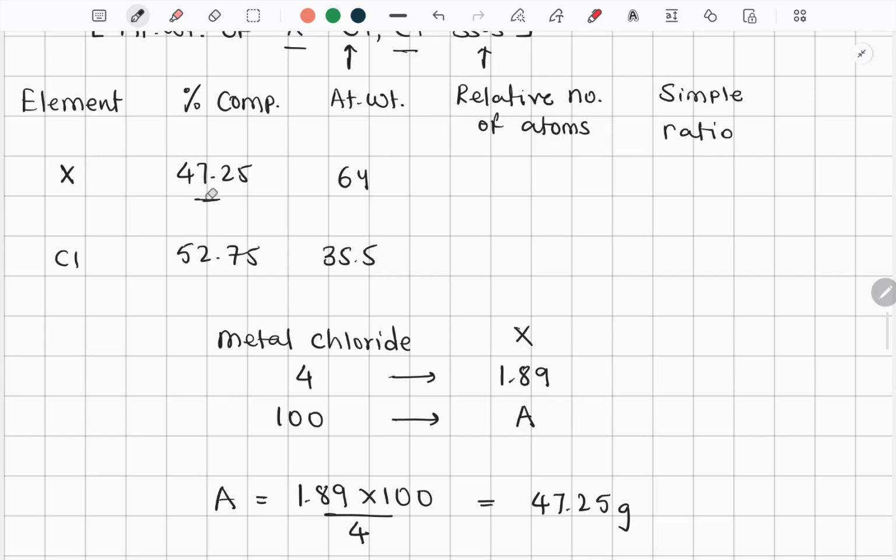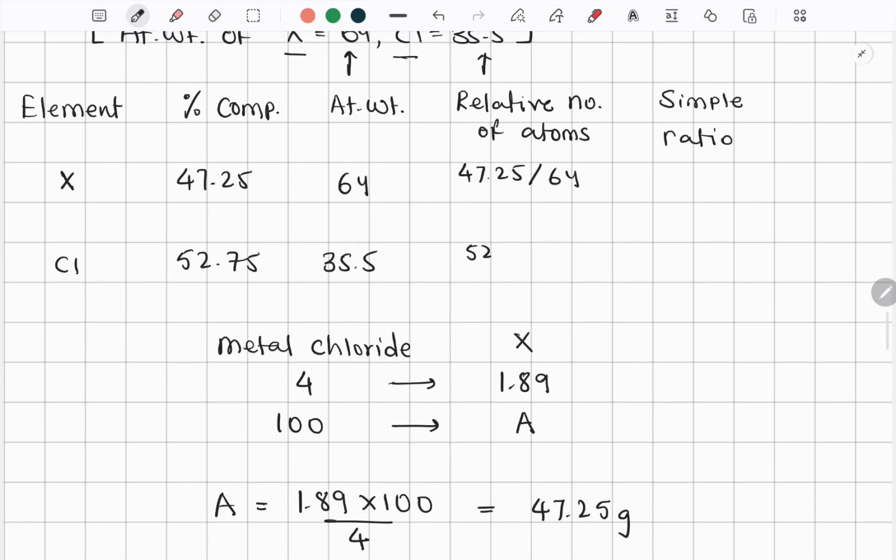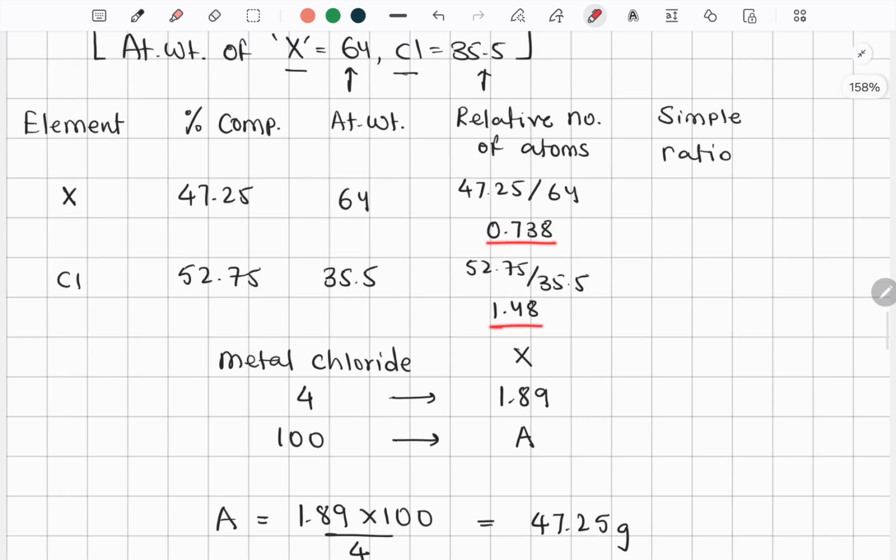Now, to calculate the relative number of atoms, we divide the percentage composition by the atomic weight. So I do 47.25 divided by 64, and for the chlorine 52.75 divided by 35.5. Solving both fractions, I get 0.738 and 1.48 respectively. Whatever answer comes, we go for the smallest one, which is 0.738, so we divide both by 0.738.